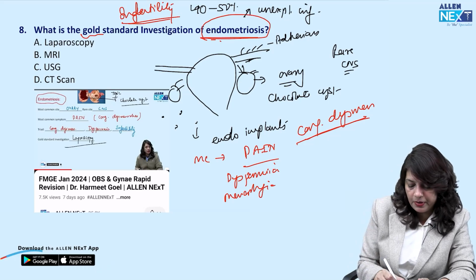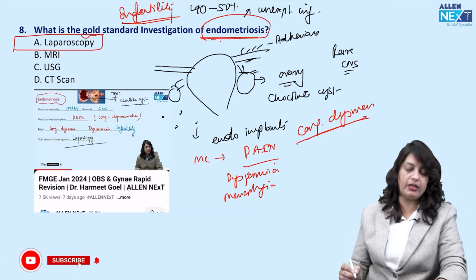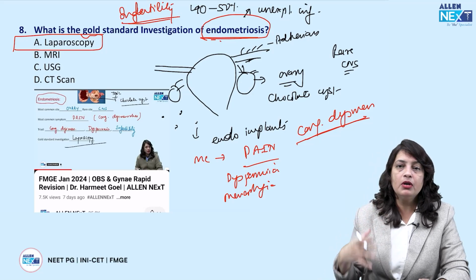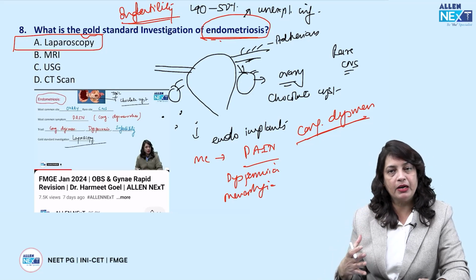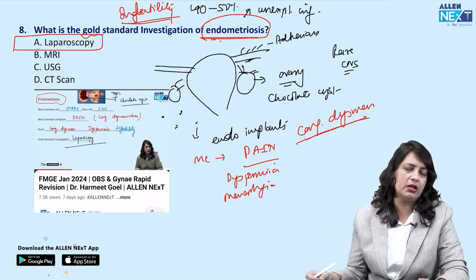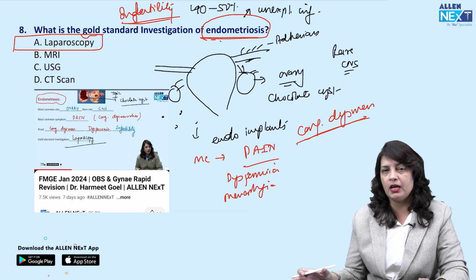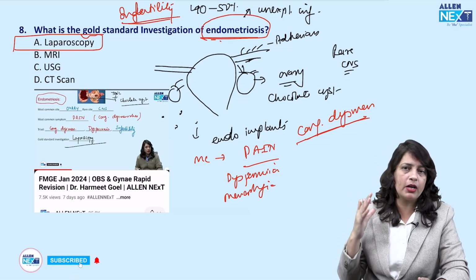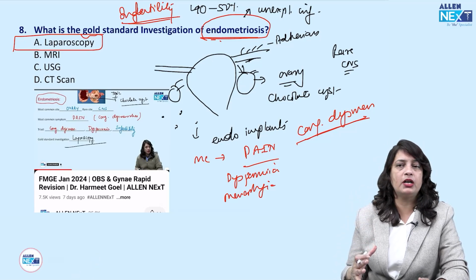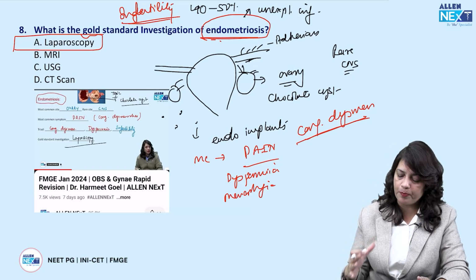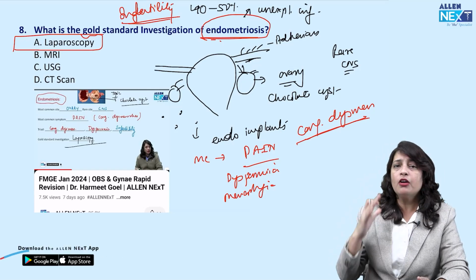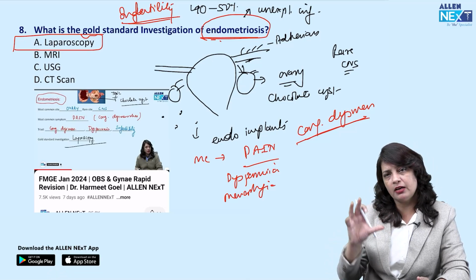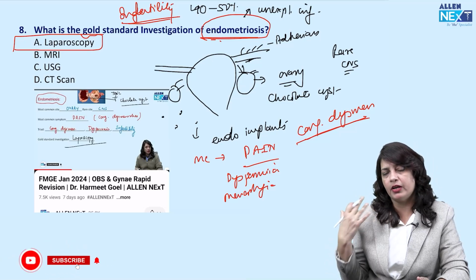So laparoscopy remains the gold standard investigation because that will confirm your diagnosis. Number 2, you can do therapeutic treatment. Diagnostic laparoscopy can be converted into therapeutic laparoscopy if you have made the diagnosis of endometriosis. How can you manage the case? Young patient with endometriosis, laparoscopy is the gold standard, where with laparoscopy you can do ovarian fulguration of the ovary if it is an ovarian cyst, leaving the normal ovarian tissue behind.